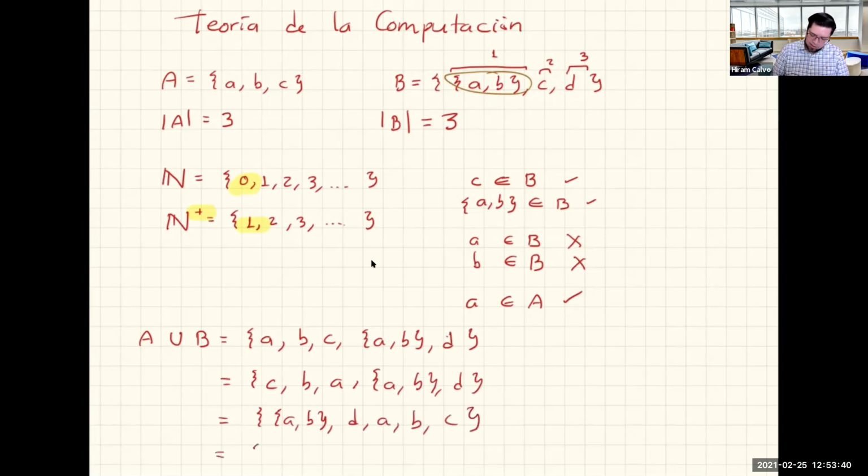And also I can swap the elements inside a subset like B, A, D, A, B, C. So as you can see, all these are completely equivalent, are exactly the same ways of writing this set, which is the union of A and B. Okay? How are we doing so far?